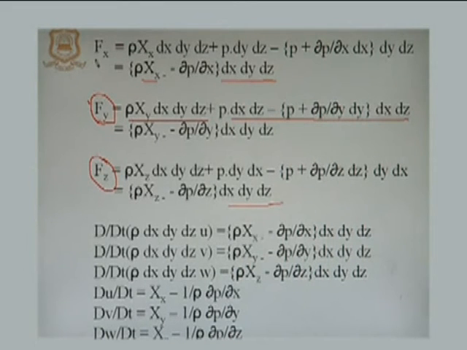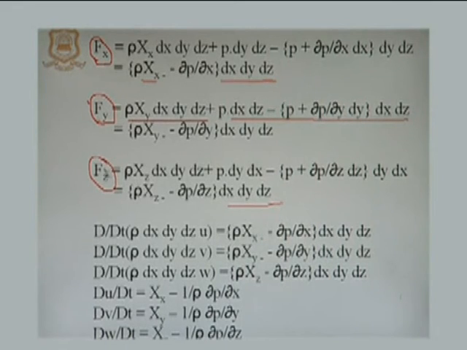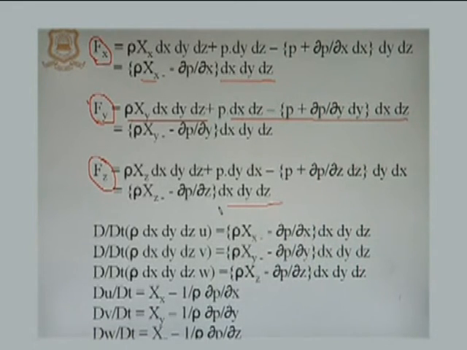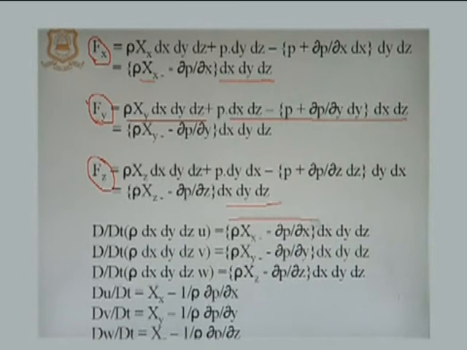So, after knowing the force on this parallelepiped in the x direction, y direction and z direction, we can write the momentum equation. This is the force acting in the x direction. We know that as per Newton's second law of motion, force is equal to the rate of change of momentum in that direction, for a control mass.